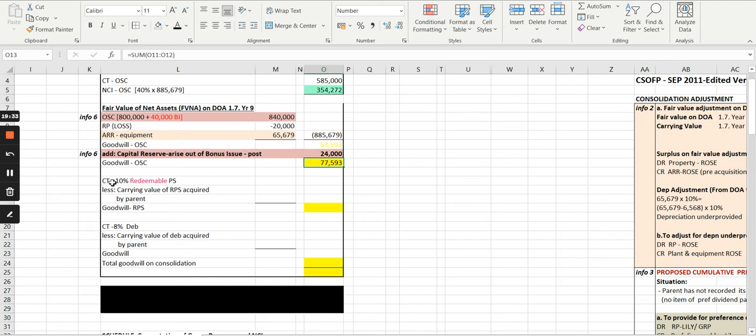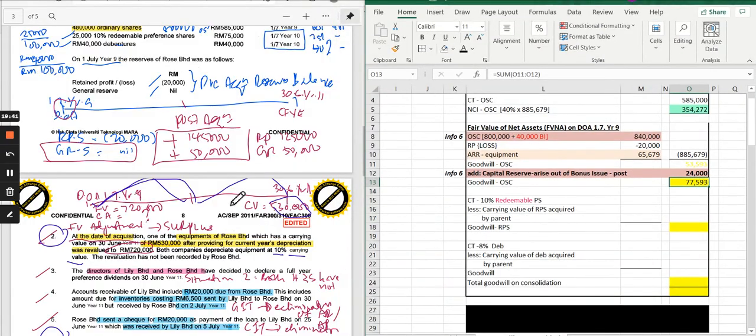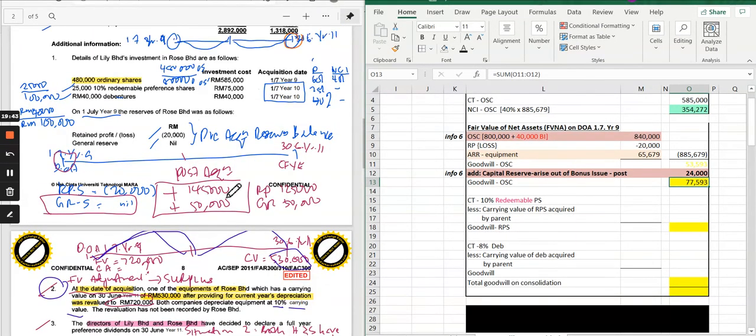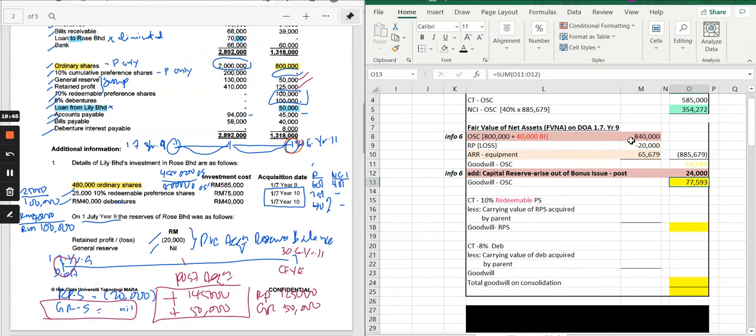And you also need to calculate goodwill if there is any for the acquisition of redeemable preference shares, as well as acquisition of debenture. So if you look here, for the acquisition of redeemable preference shares, the cost of investment is 875. I took it from here, right?